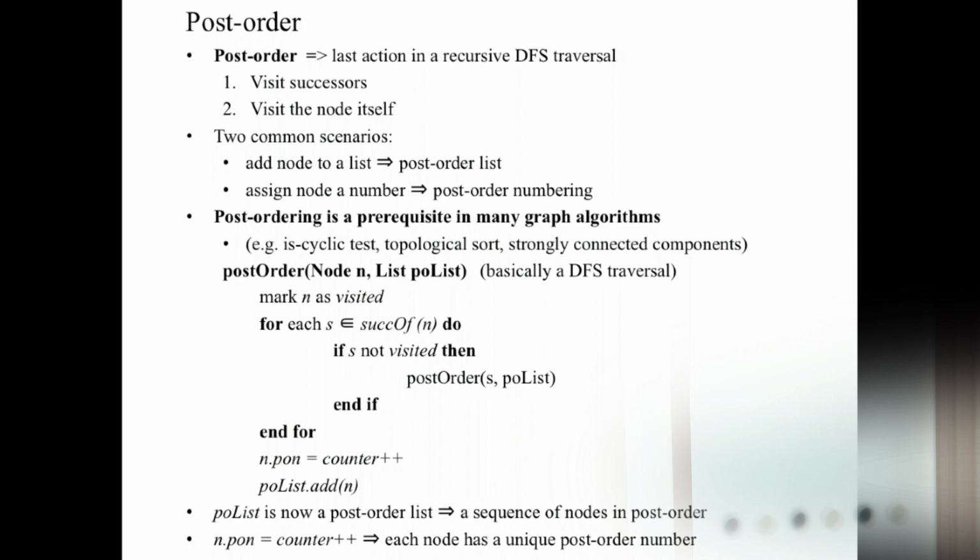But in post order, we start from some node, however, in our list we don't put it in the front. We visit all the deeper nodes, all the successors, and after visiting all the successors at the deepest level, we visit the starting node.